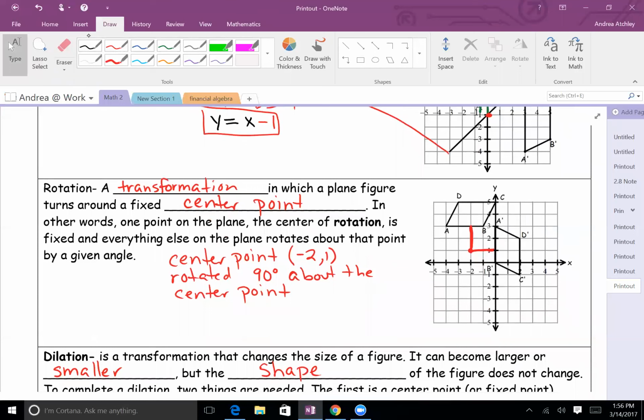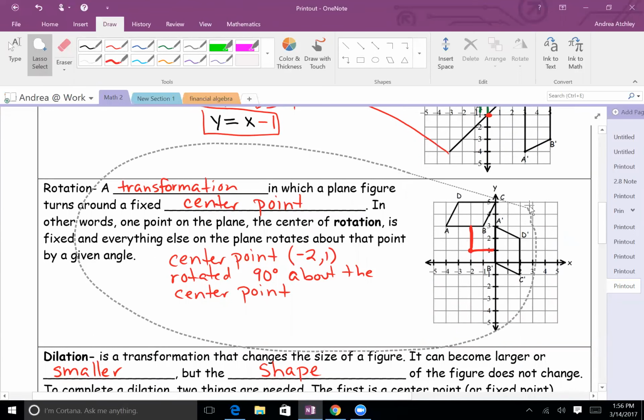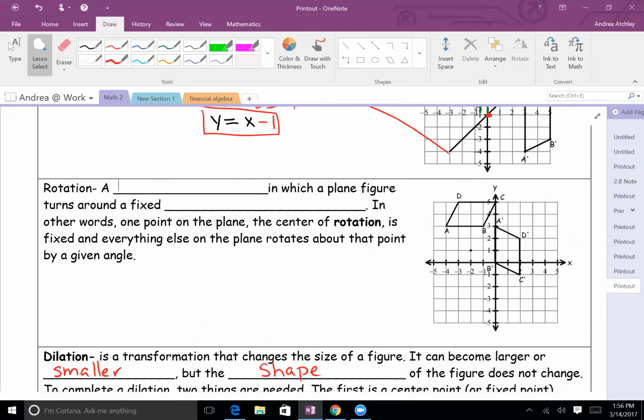Rotation. Okay, a rotation is a transformation in which a plane figure turns around a fixed center point.